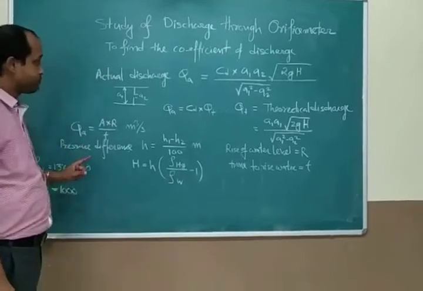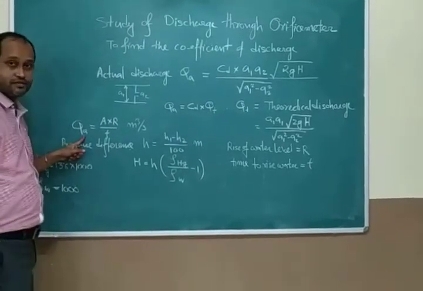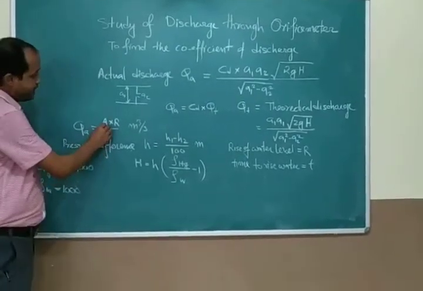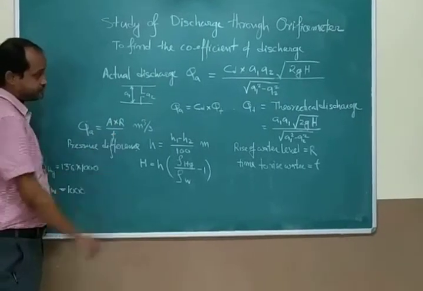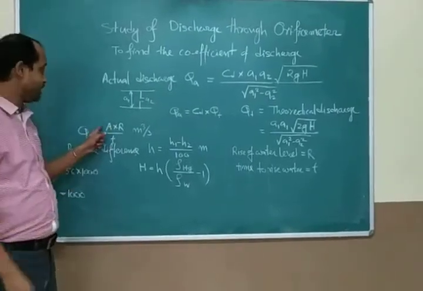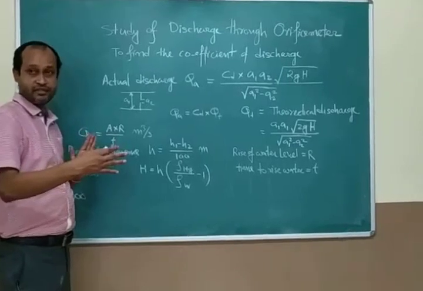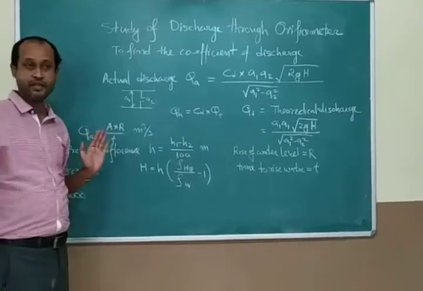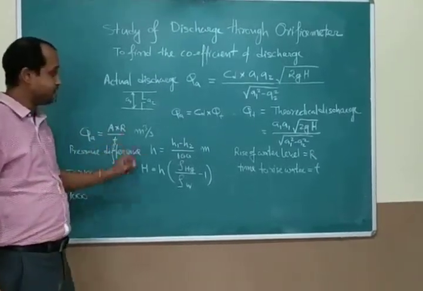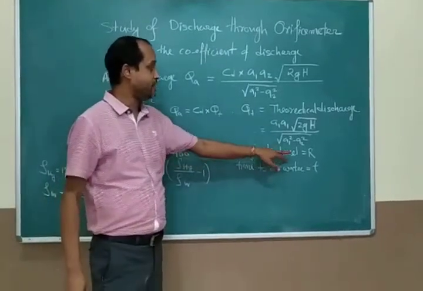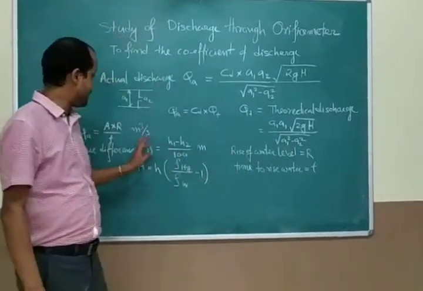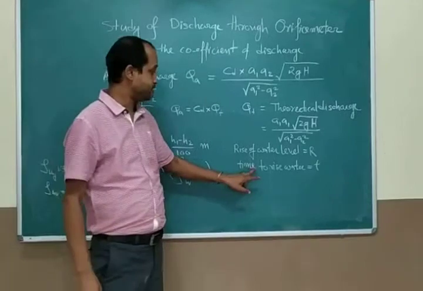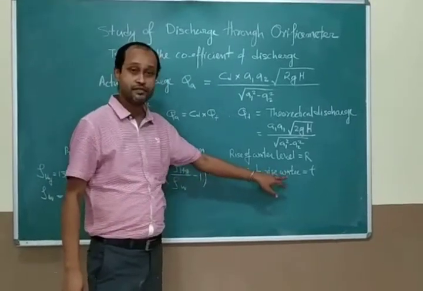Now your actual discharge is equal to A into R by T. A is the area of the measuring tank, which is already given in the apparatus. R is the rise of water level, and time T is taken to raise the water.